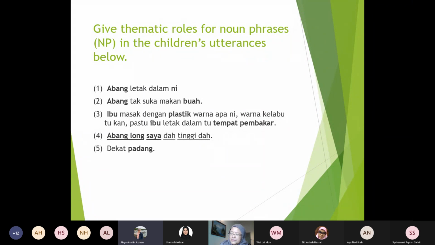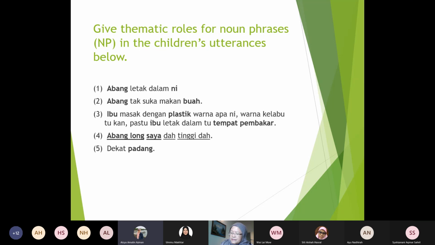So this is a copular. It's an adjective verb predicate, but the linking verb, let's call it. A linking verb means the verb links the adjective and the noun phrase subject. So tall is referring to the same person. Usually with a verb, let's say you have basuh: saya basuh baju.